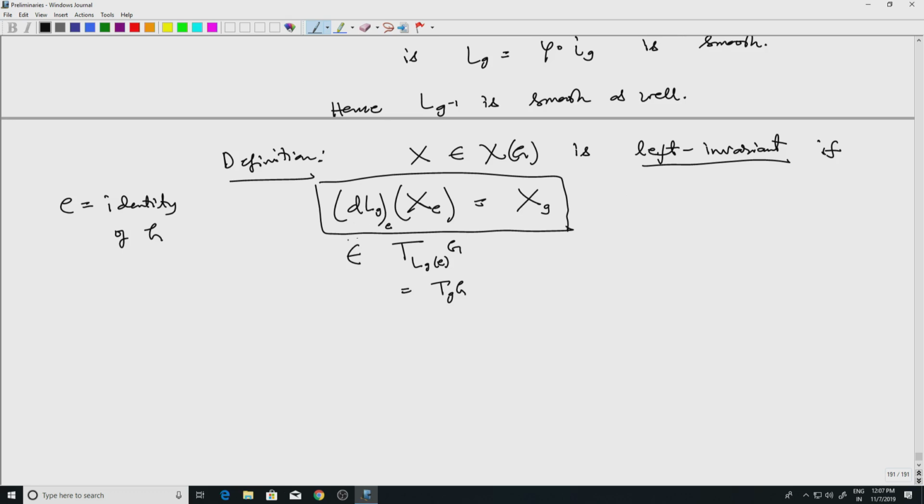So this is the defining property of a left invariant vector field. And as a remark, this is equivalent to the following condition.